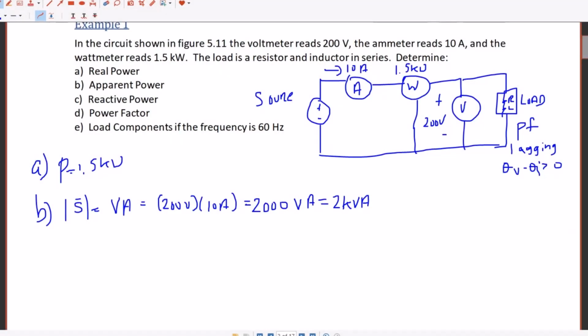All right, the reactive power. The reactive power is Q. So Q is going to equal the square root of S squared minus P squared. The square root of S squared minus P squared is the square root of 2,000 squared minus 1,500 squared.